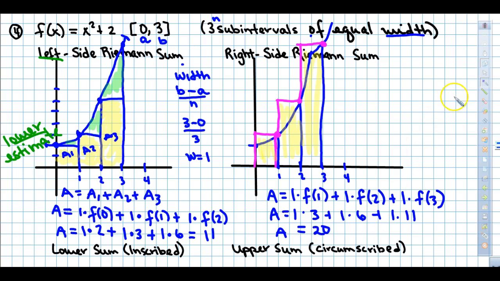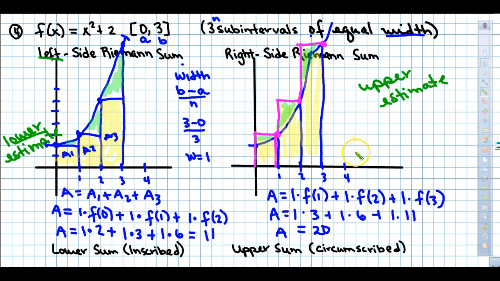Okay? Alright, notice that these rectangles were on top of the function. For that reason, we call this an upper estimate. That's because all of this area right here that's in the rectangles but that is above the curve is not included beneath the curve.